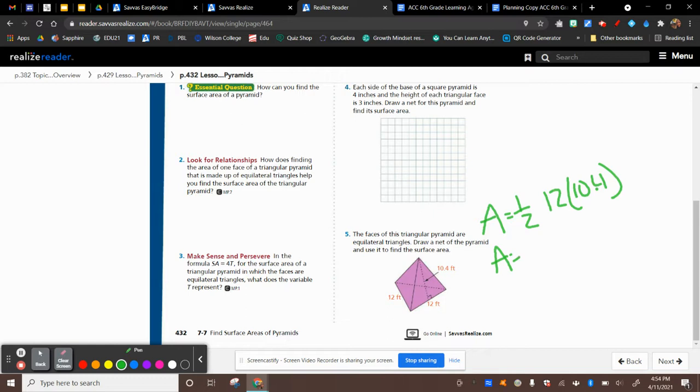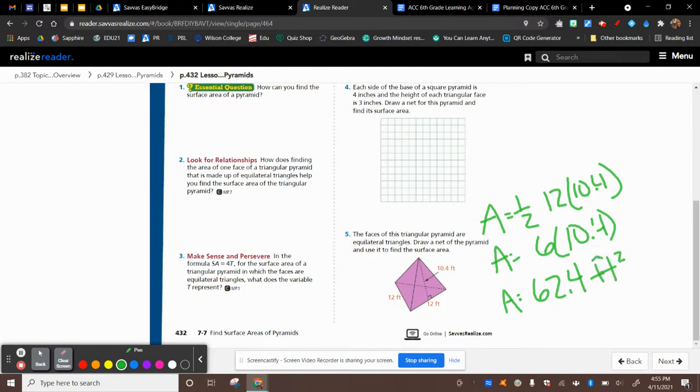I'm going to do 1/2 times 12, which is 6, and then 6 times 10.4. Go to my calculator. 6 times 10.4 is 62.4. So the area of one of my triangles is 62.4 feet squared.